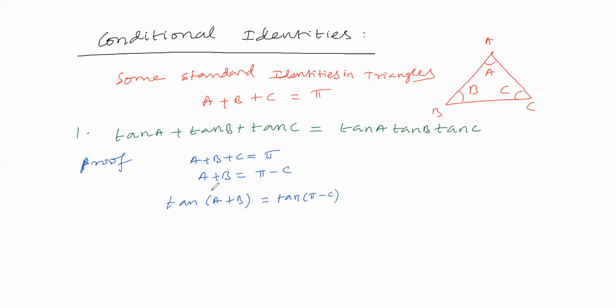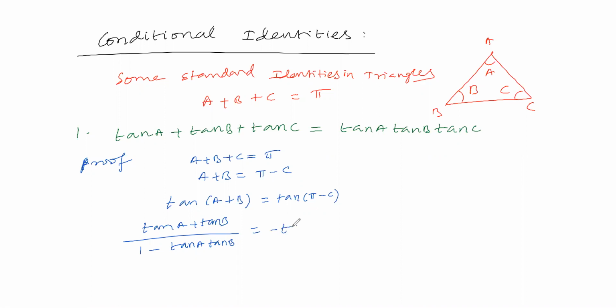Now you know the formula for tan A plus B. What is the formula? Tan A plus B is tan A plus tan B divided by 1 minus tan A tan B. Now this is equal to tan 180 minus theta. Tan 180 minus theta is what, by formula? Minus tan theta.